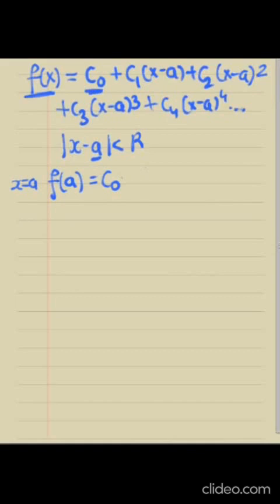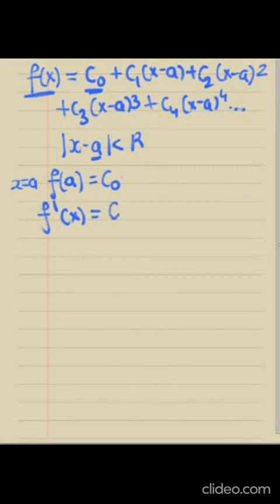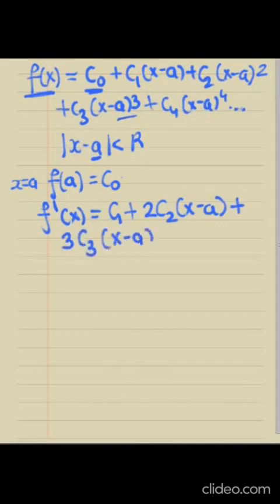Okay, now we're going to take f of x and find its derivative. So f prime of x equals, well, c0 disappeared, so we have c1 plus 2 times c2 times x minus a plus 3c3 times x minus a squared plus 4c4 times x minus a cubed, and so on.